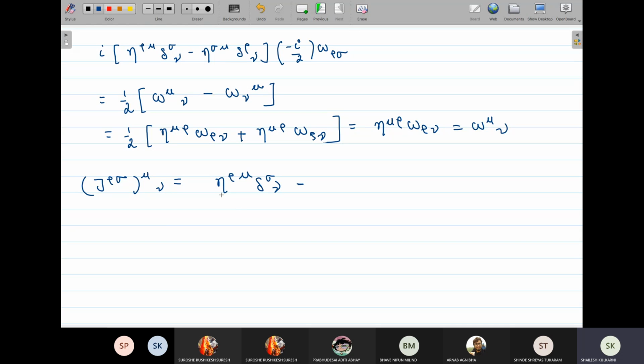Then it will be antisymmetric in rho sigma, so put the second index of this and the first index here, and then the rest of the indices should go on the Kronecker delta, and you put i here. That's it. Okay, so this is a representation of the generator.